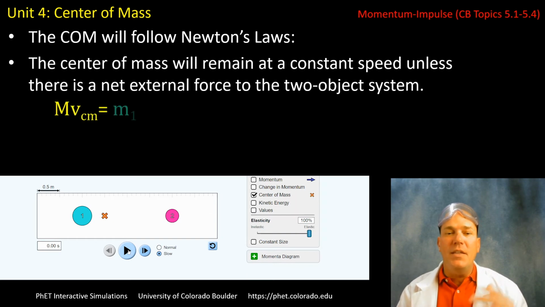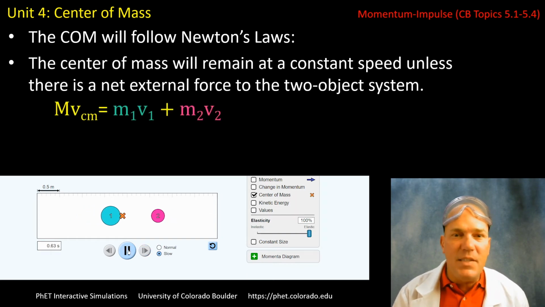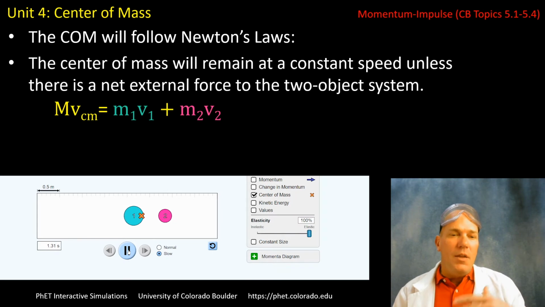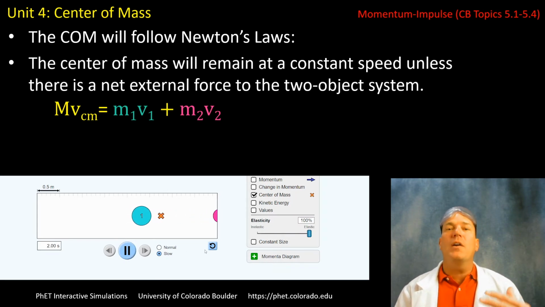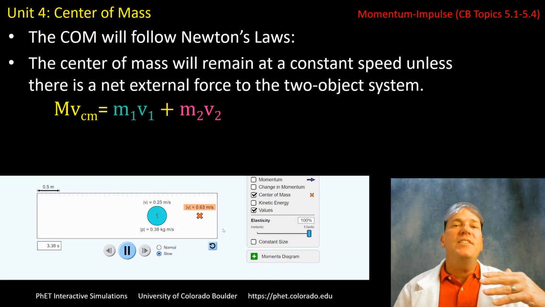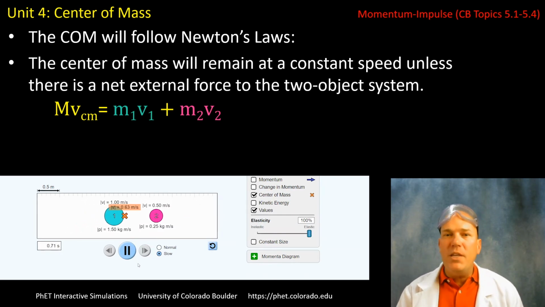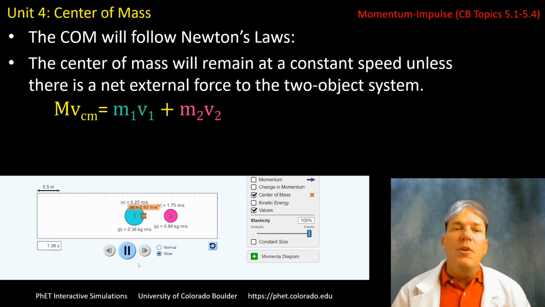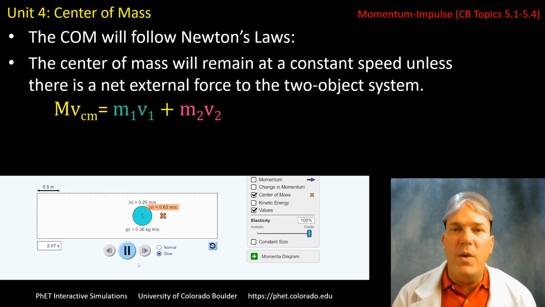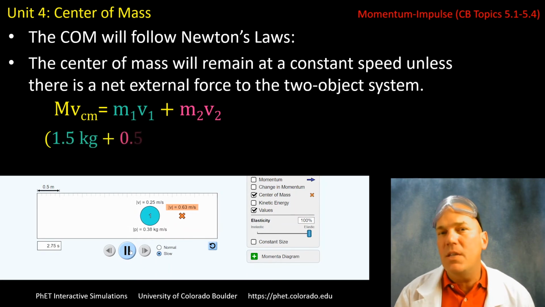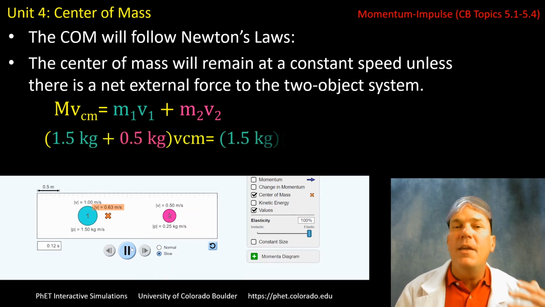Let's go ahead and look at this PhET simulation here, in which these two objects are colliding. We're going to show that the center of mass speed is 0.63 meters per second. We're going to use this equation here, which we've substituted now in their relative velocities.